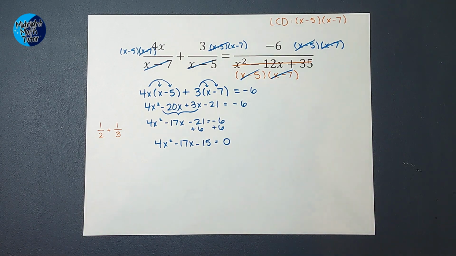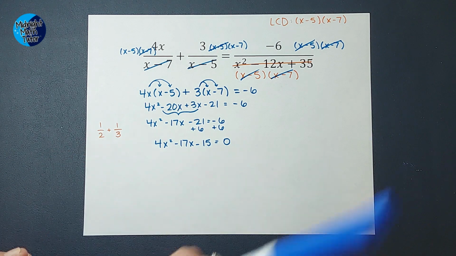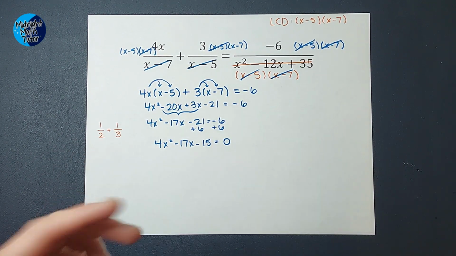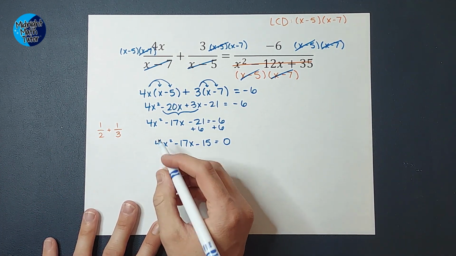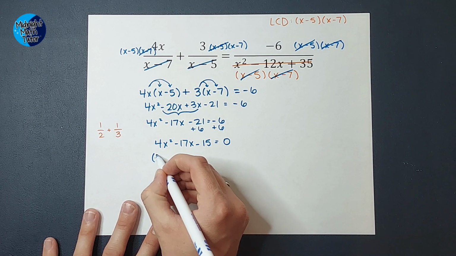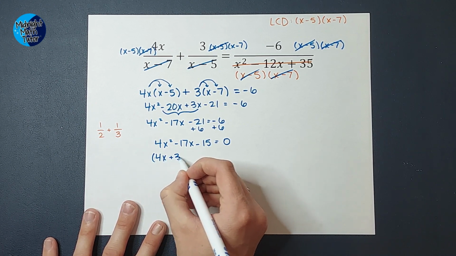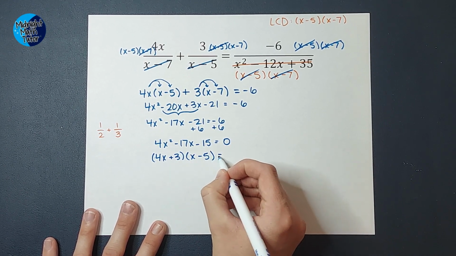Okay, now I'm going to see if this can factor. Okay, and it can. I'm just going to write what the factors are. But again, I will link a factoring video if you need one, especially because this is a little different because it has a 4 out front, right? So I will link a different video as well if you need it. But this is going to factor down to 4x plus 3 times x minus 5. And that is equal to 0.